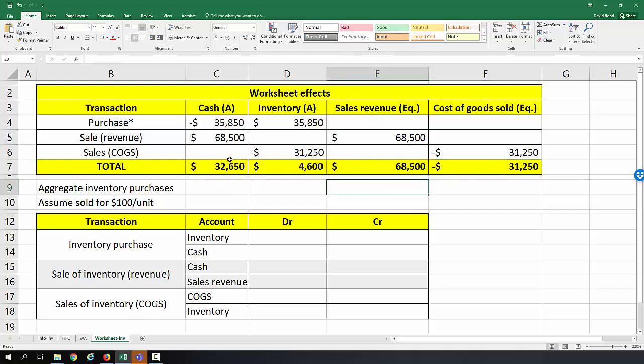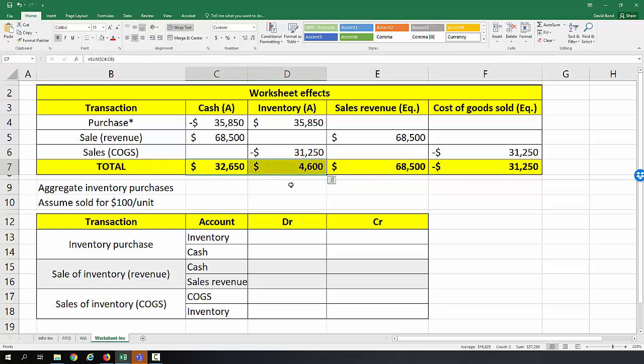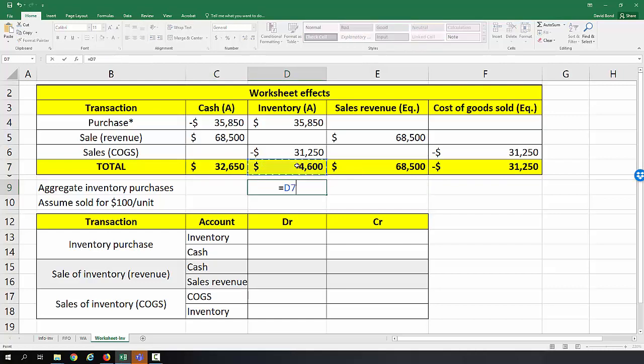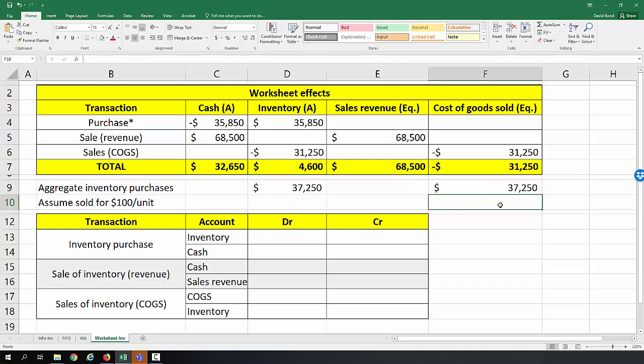So what we see here is if we were to add up this side, I'll just do it down here actually, we end up with 37,250 and we end up with 37,250. An important other point here is what you'll notice at the time of purchase of inventory, there is no profit and loss effect at all.